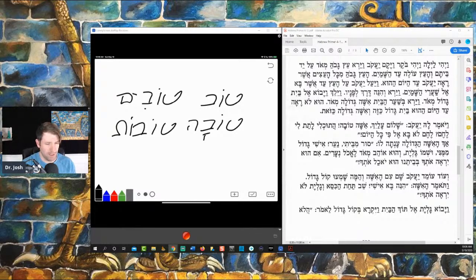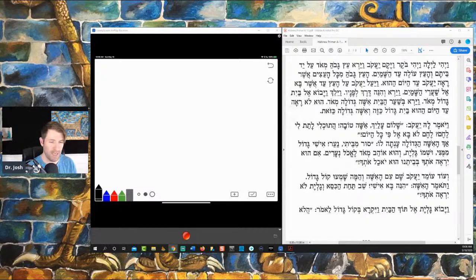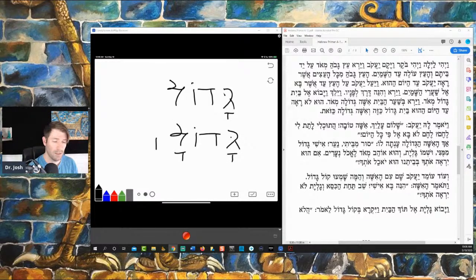So, okay, if we look at different adjectives, gadol is big. You would expect to see gadola, because you're just adding the ending for the feminine singular.